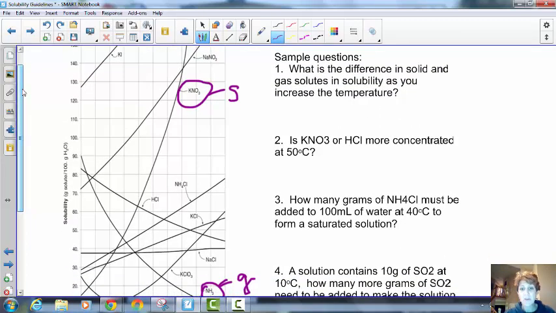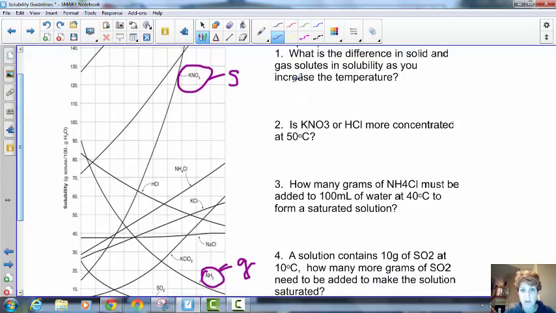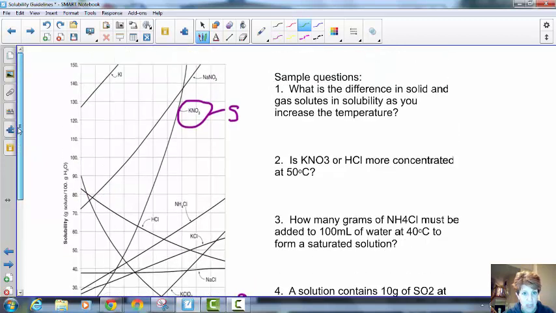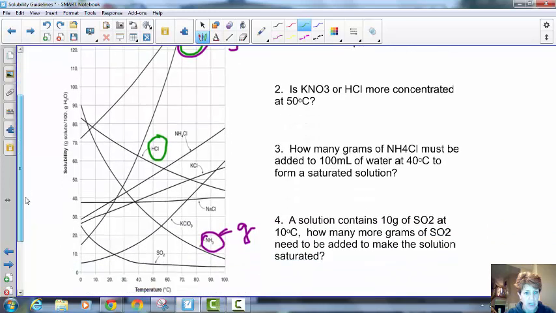Is KNO3 or HCl more concentrated at 50 degrees? So this is what I need to do. First of all, I'm going to change my color ink here. I'll go to green, and I need to find KNO3. There's KNO3, the same solute that I was just referring to, and HCl. Here's HCl right here. And what I want to do is go to 50 degrees.